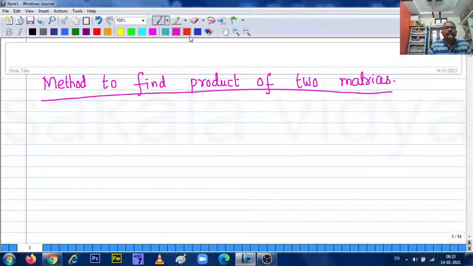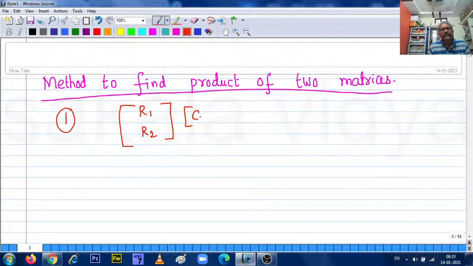First, the procedure: for example, the first matrix has rows R1, R2, multiplied with a matrix having columns C1, C2. Actually we adopt row by column multiplication.